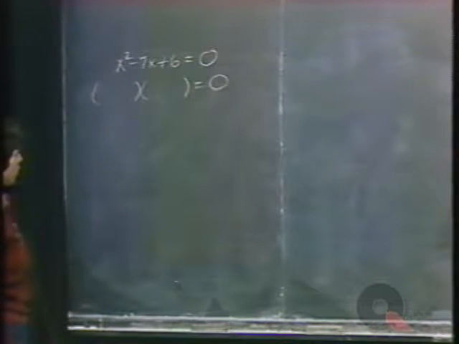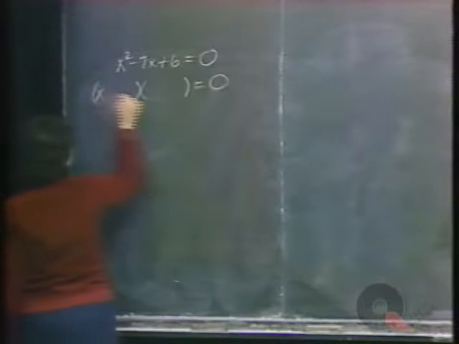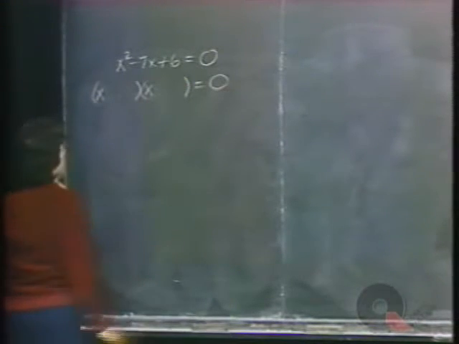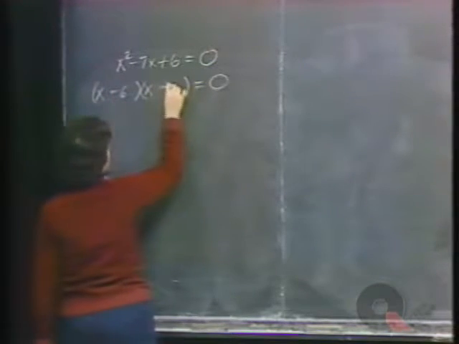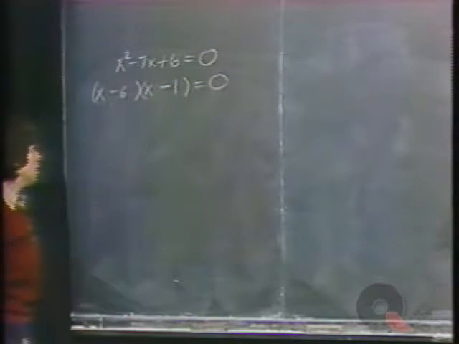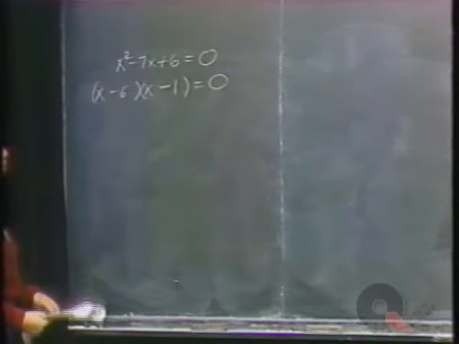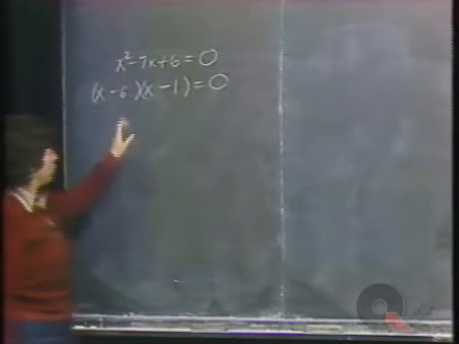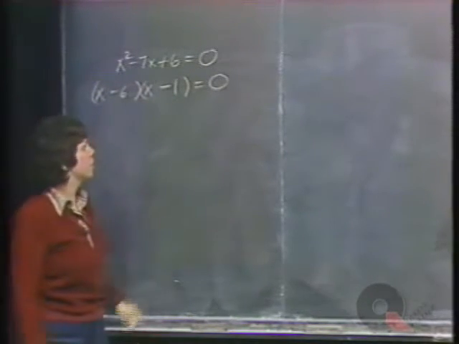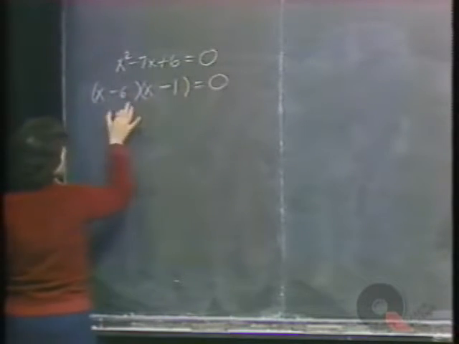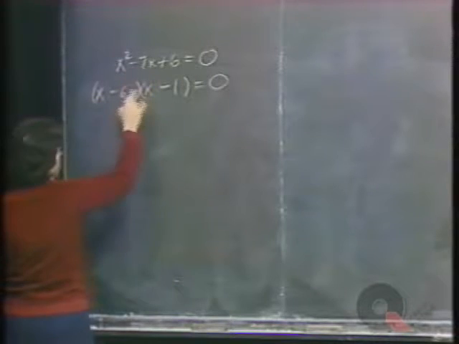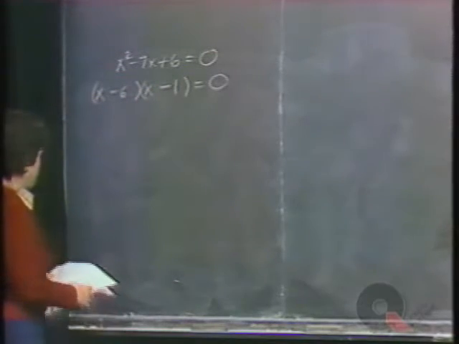We've learned how to solve quadratic equations by factoring. All we have to do here is look for two numbers which multiply to 6 and add to minus 7. And the answers are minus 6 and minus 1. Not all quadratic equations can be solved by factoring, but when it does work, it's a very simple way to solve the equation. Checking, we have x squared minus x minus 6x, that's minus 7x plus 6 equals 0.